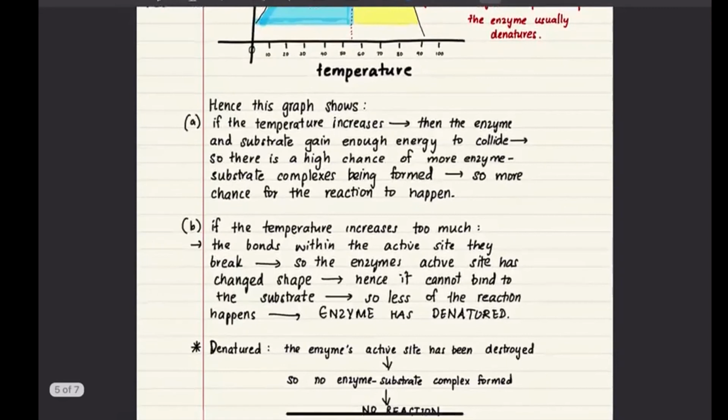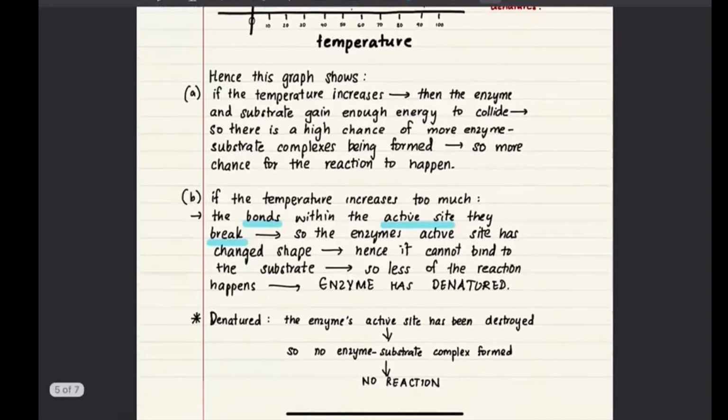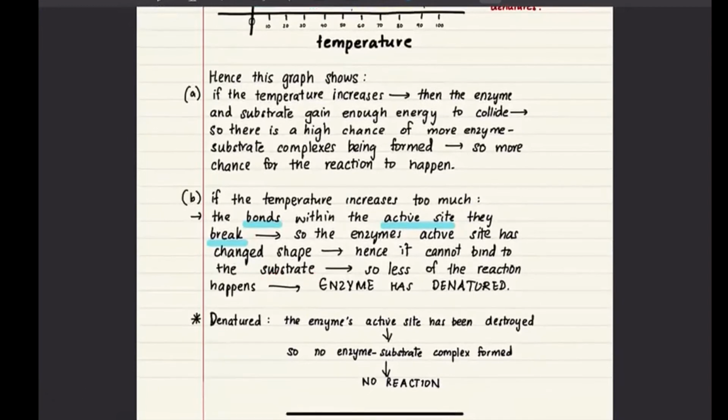And if the temperature increases too much, way beyond the optimum point, the bonds within the active site break. So the key thing to remember here is that the bonds of the active site are going to break, all right? That leads to the enzyme being denatured, and then your reaction is not going to take place because the substrate is unable to bind to the active site of the enzyme, all right?